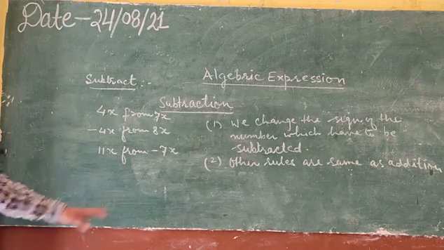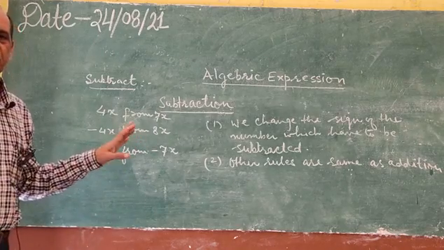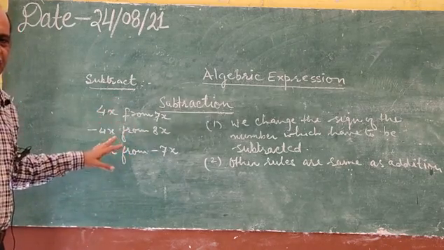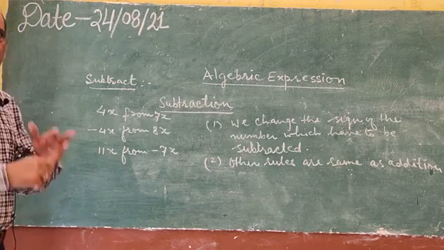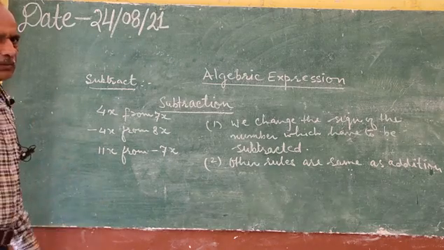In algebra, a greater number can be subtracted from a smaller number by changing the sign. So a greater number can also be subtracted from a smaller number. There should be no problem.